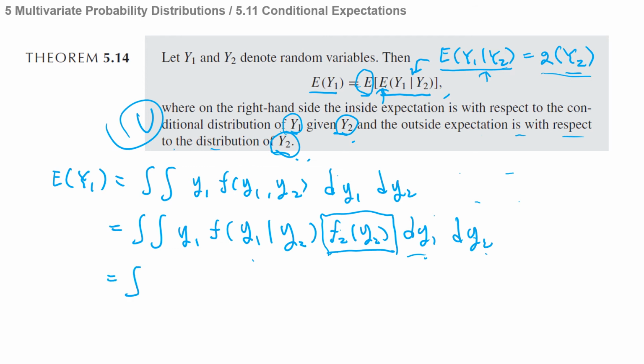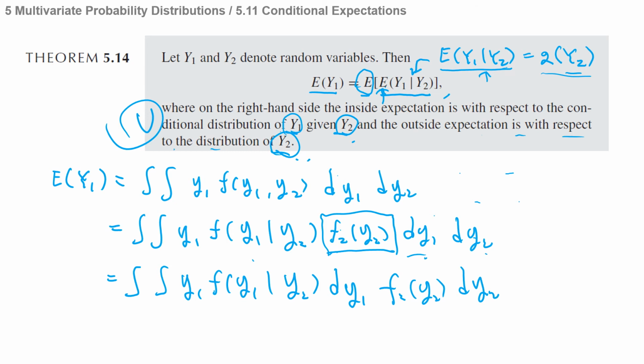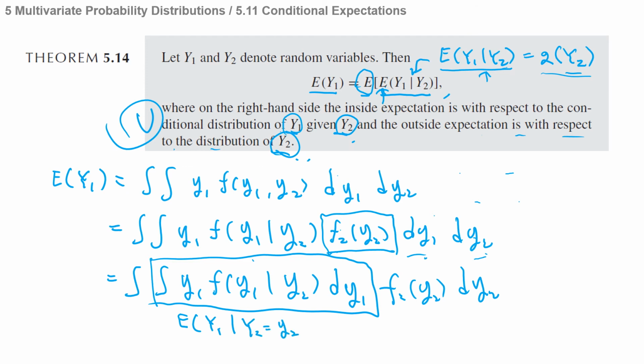So the integration of y1 f of y1 given y2 dy1, and f2 of y2 dy2, and from here this part, the integration of y1 times f of y1 given y2, is actually the expected value of y1 given y2 equals small y2, and so we can write it as the expected value of the expected value of y1 given y2.